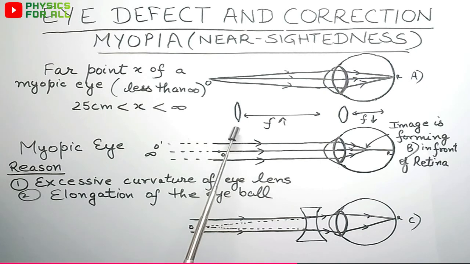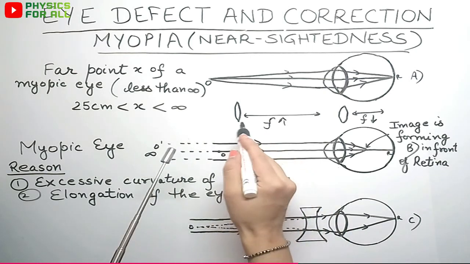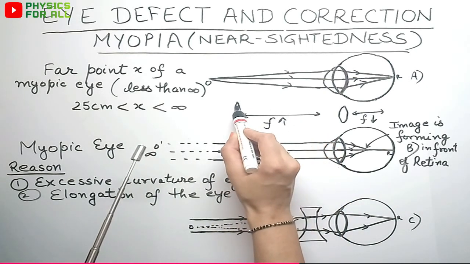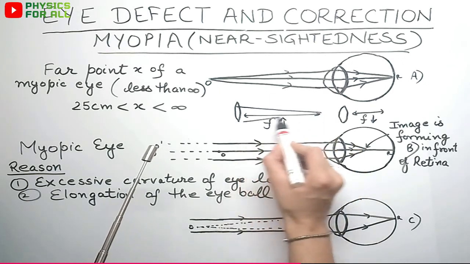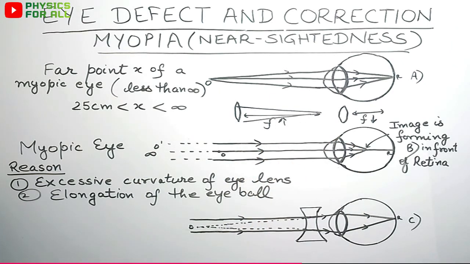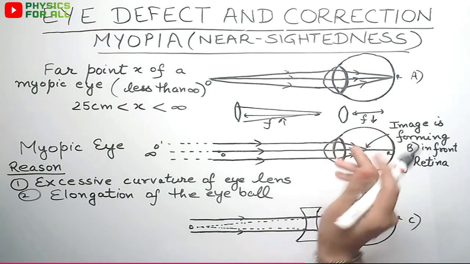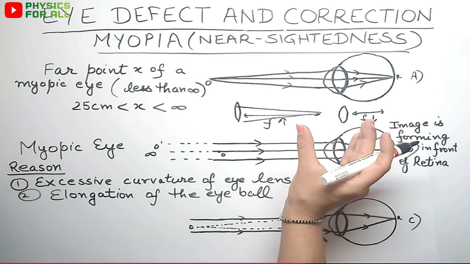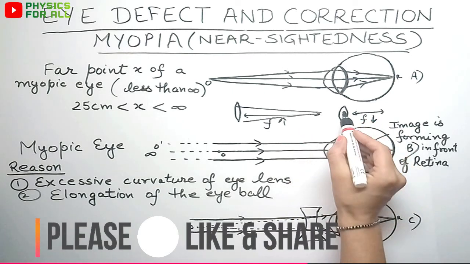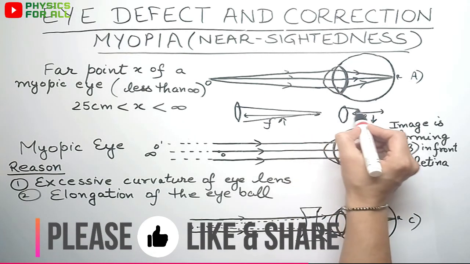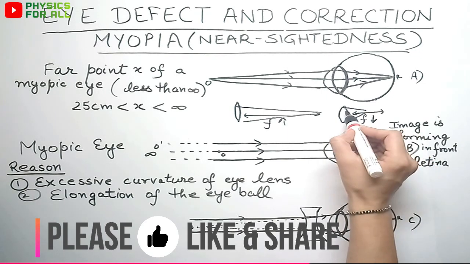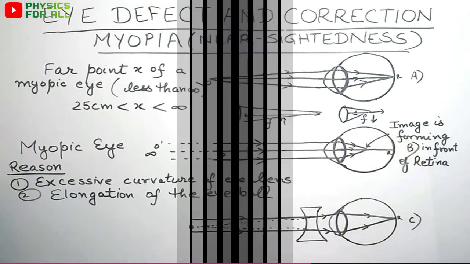So if the lens is thinner, its focal length increases and it will converge rays at larger distances. But if the lens gets thicker, then its focal length decreases because it has a lot of tasks to do. That's why it has widened up. So when it becomes thicker, it will try to converge all the rays at a shorter distance.